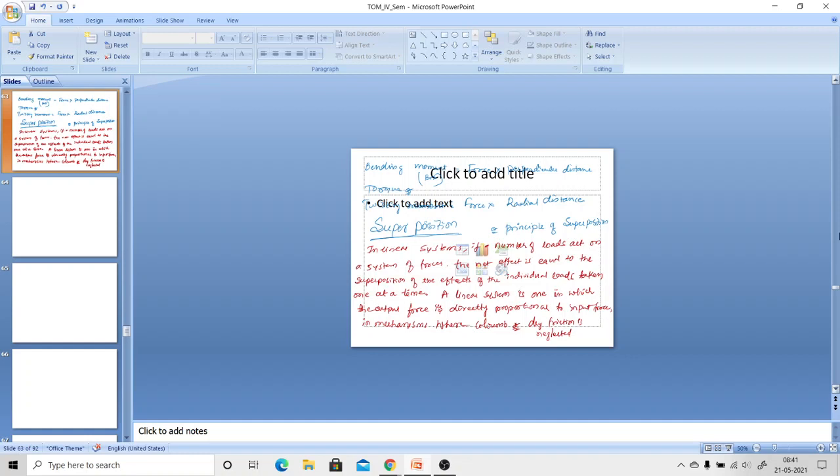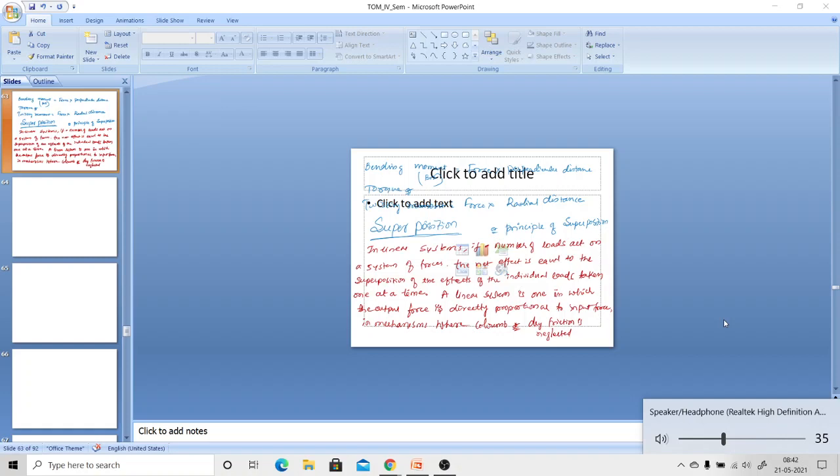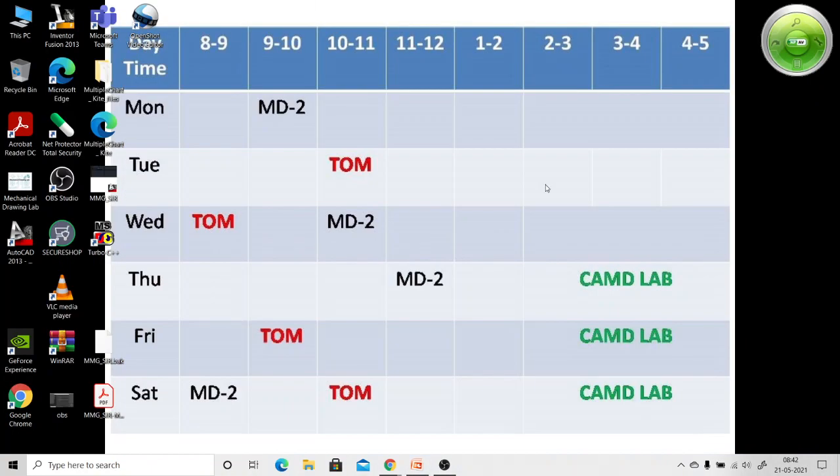Now let us try to solve the problem done in the previous class. I will use software, that is AutoCAD. You follow the same procedure in your papers or drawing sheets. Now let us look, we will go for the previous problem, graphical solution.